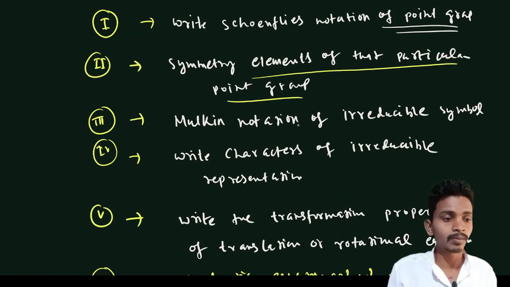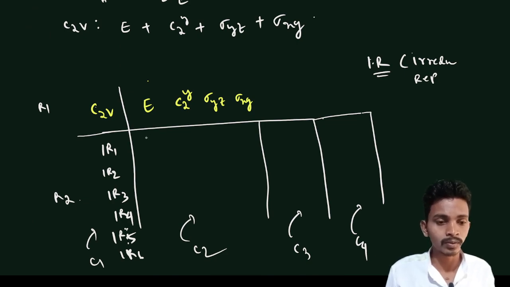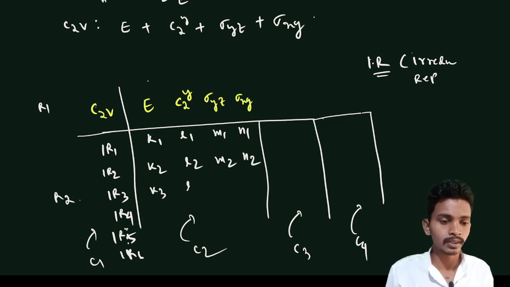So in the third part you write the Mulliken notation of irreducible representations, and in the fourth you write the characters of irreducible representations. So the characters I have to write here. We don't know the characters now, so simply we write, let's say, K1, L1, M1, N1, K2, L2, M2, N2, and K3, L3, M3, N3, K4, L4, M4, N4.